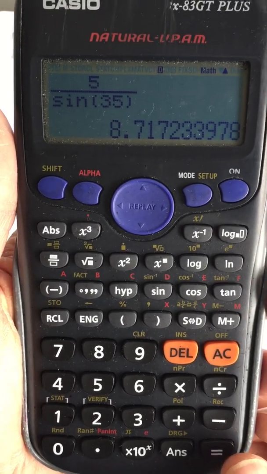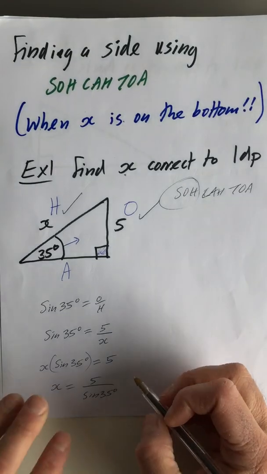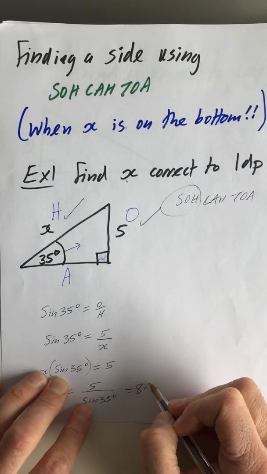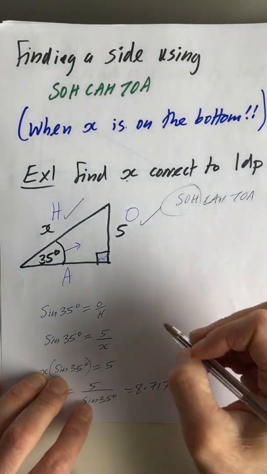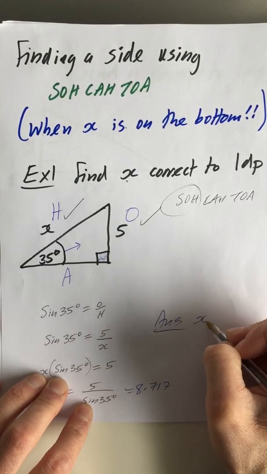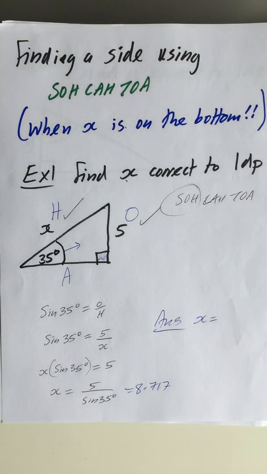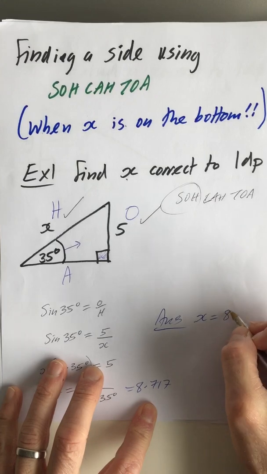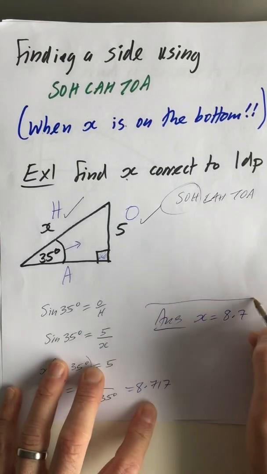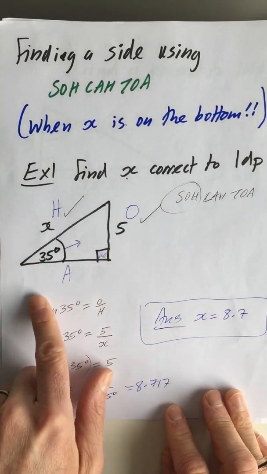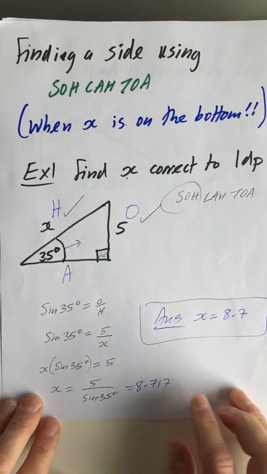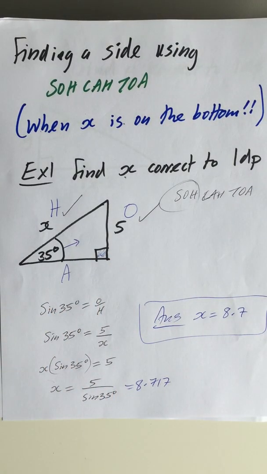And 8.717 comes up. Now my answer, they wanted me to get x correct to 1 decimal place, so it's going to be 8.7. Look back at your picture. Are there any units, centimeters or meters? No, there isn't in this question, so we don't need to put units in.